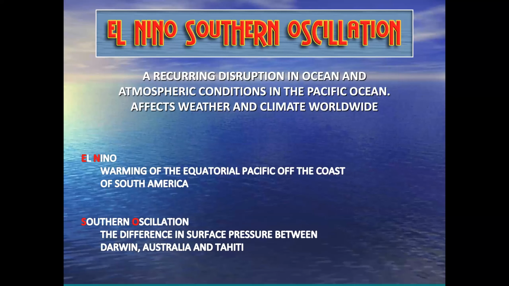The Southern Oscillation is this. You might wonder why those two places, and that's because they tend to have the same general pressure all year round. So when that pressure changes from that norm, something's happening. It's like a little warning bell.